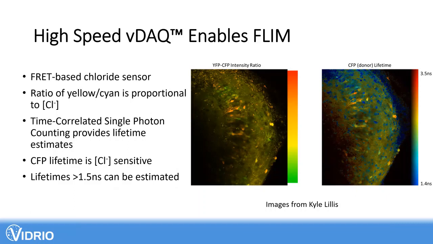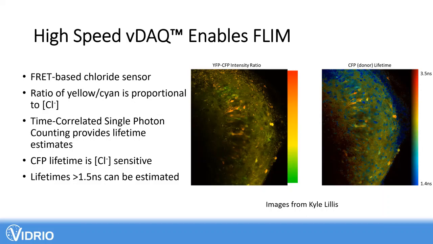He's got the sensor that detects chloride concentration changes in a FRET configuration, where the yellow YFP over CFP fluorescence is proportional to chloride concentration. But when you're imaging in hippocampus, I think there are a lot of light scattering issues, and this can affect the calculation of this proportional ratio. So he's been exploring whether he can do lifetime.